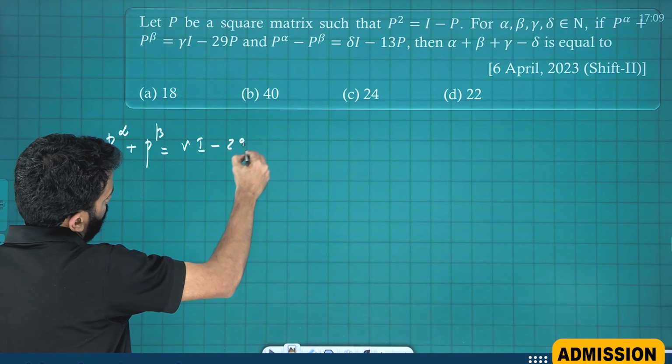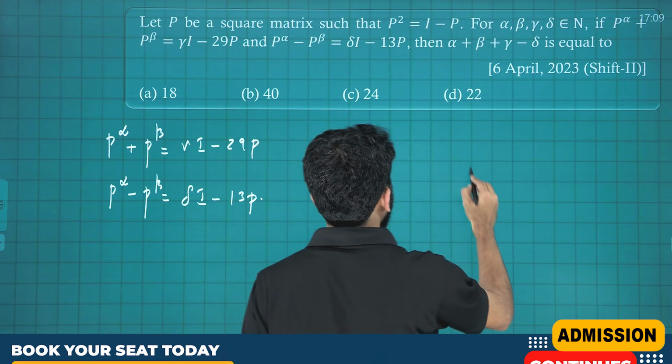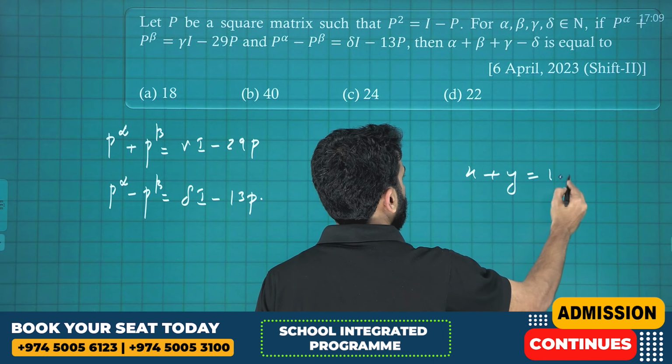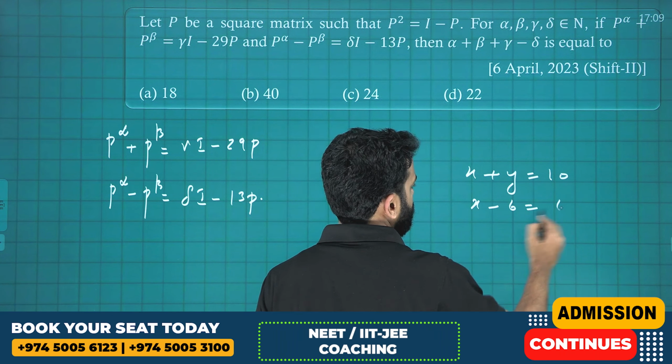Okay. So you know that if x plus y is equal to 10 and x minus y is equal to 6, you know how to find x and y, right? Just by adding and subtracting. Like that, I'm going to find P raised to alpha and P raised to beta. Okay, let's consider this as equation 1 and equation 2. If I add equation 1 plus equation 2, this will get cancelled and it will become 2 times P raised to alpha.